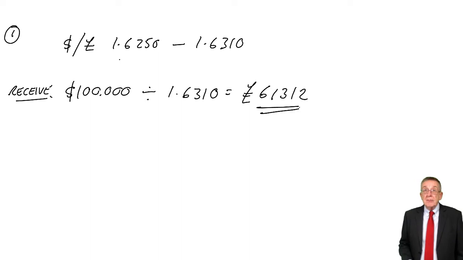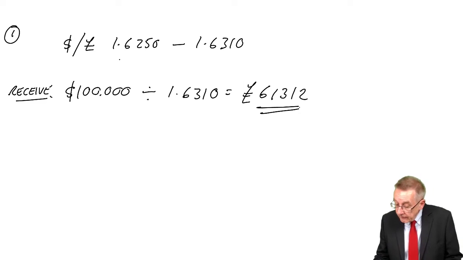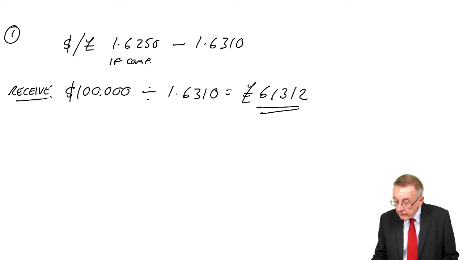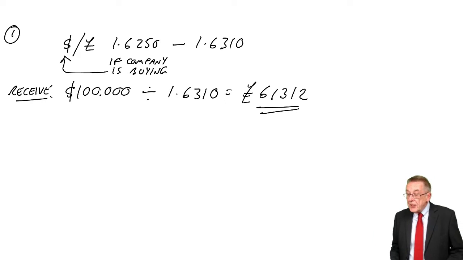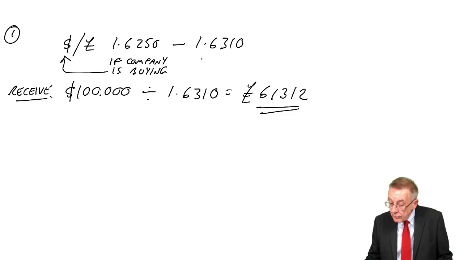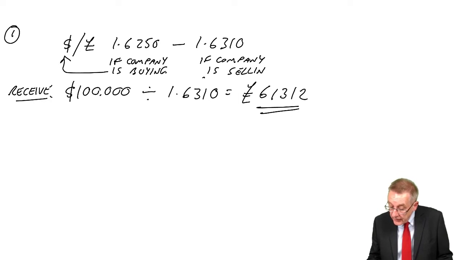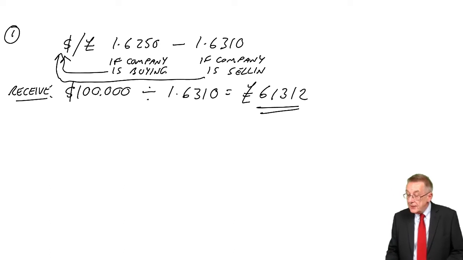The rule I use, but again, it's up to you how you remember this, is the first rate is the rate if the company is buying the first currency, which in this case is dollars. So if we're buying dollars, we'll convert at 1.6250. The higher rate is the rate if the company is selling, again, the first currency, which in this case is dollars.